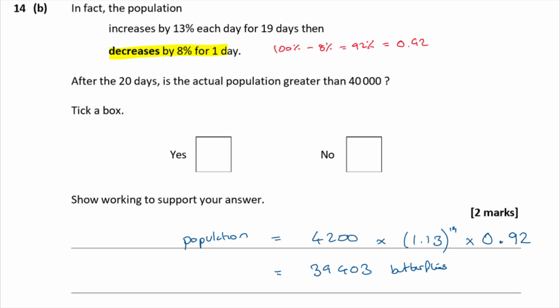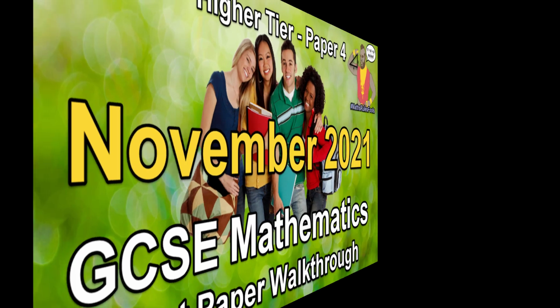Okay, so what's the question? Is the actual population greater than 40,000? No. The population is less than 40,000.